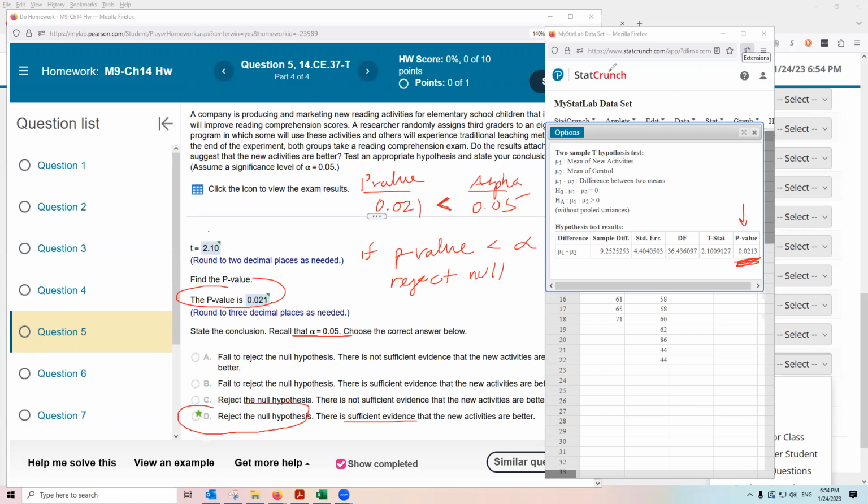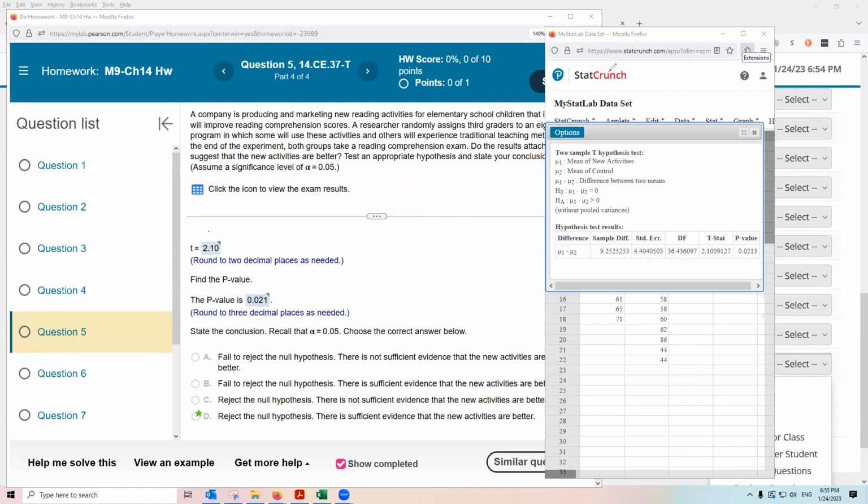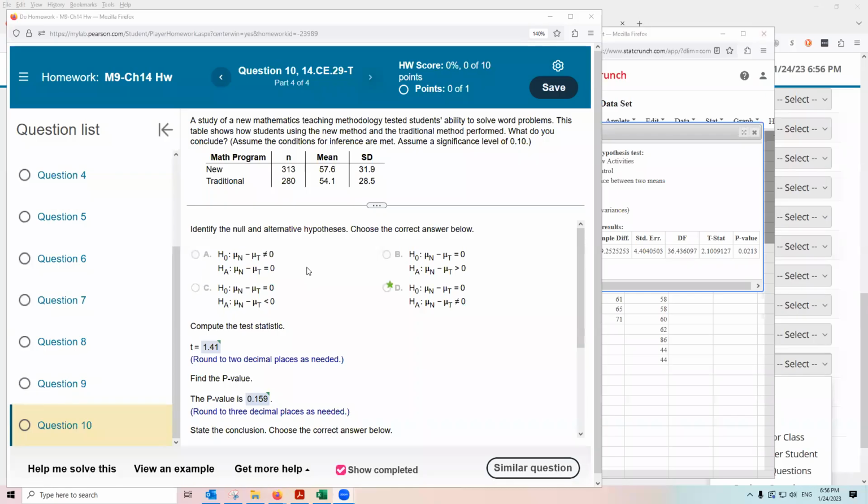All right, folks, let's take a look maybe at one more example. Let me see if there's another example. All right, folks, let's look at an example here. This one's question 10. And it says here, in a study of new mathematics teaching methods, there's a new method and a traditional method. And here are the sample sizes, here are the means, and here are the standard deviations.